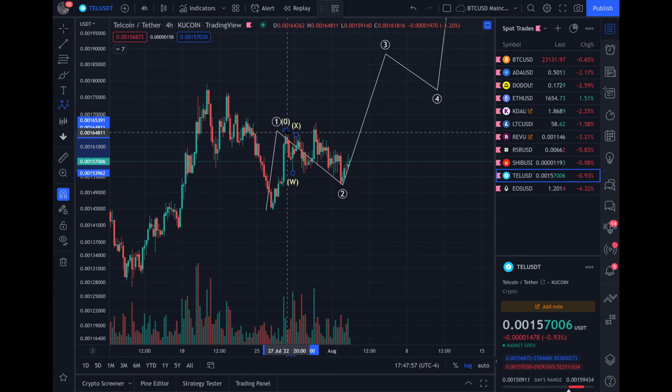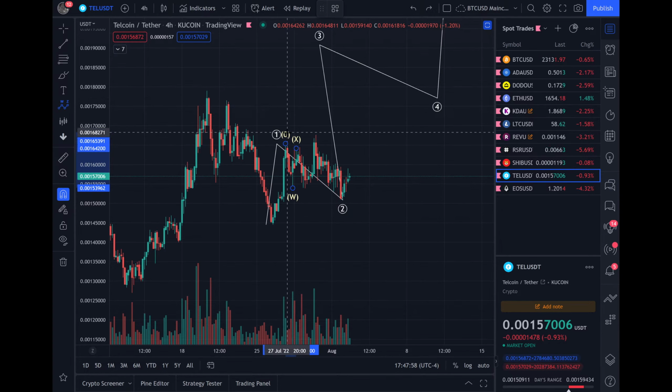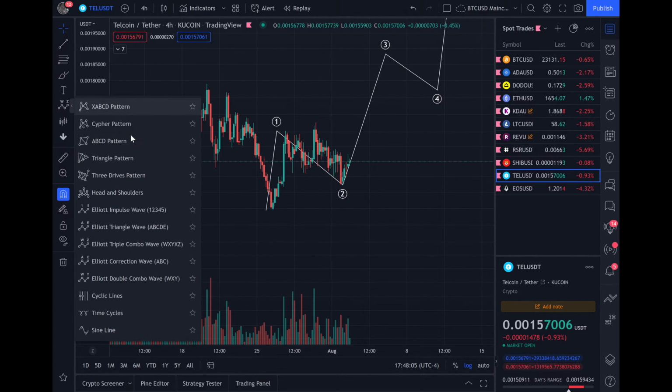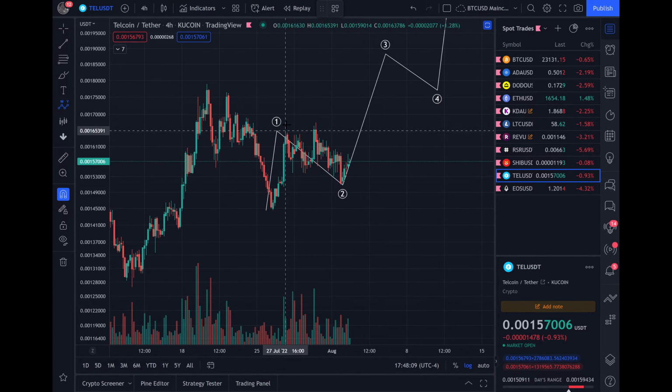Actually, you know what? I'd say that's a 333. Here's why. It's a 333 for me, as I read it. Could be wrong, but it's not that important. You just want more or less to understand the nature of the correction and to more or less gauge when it could be up.